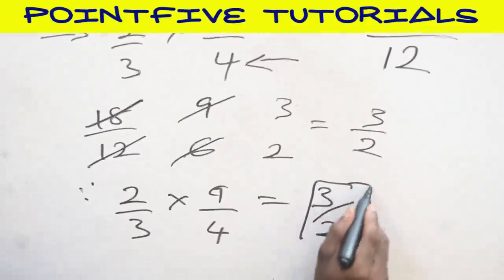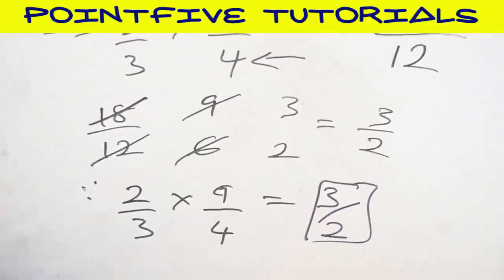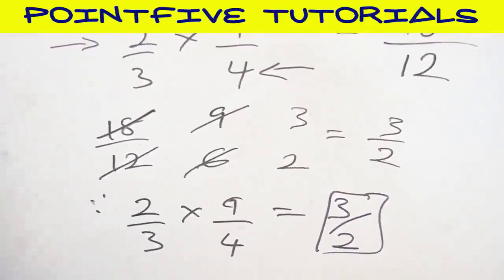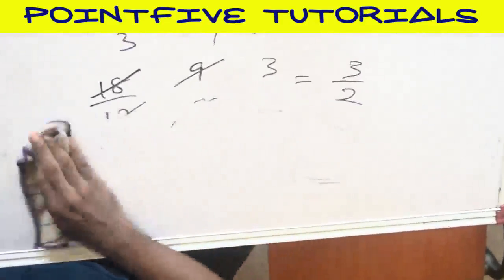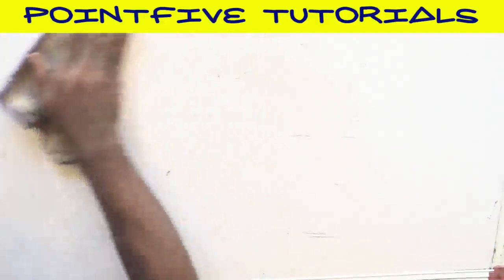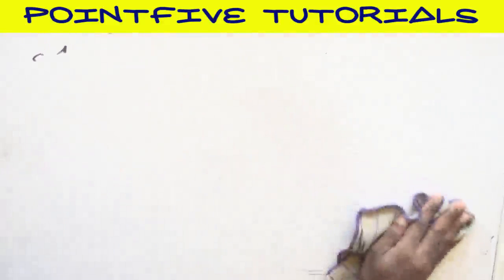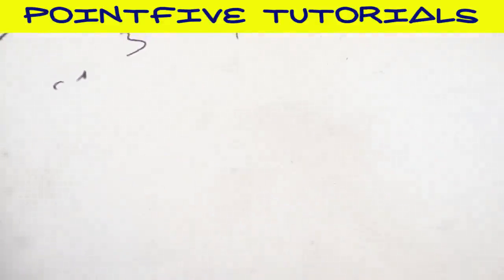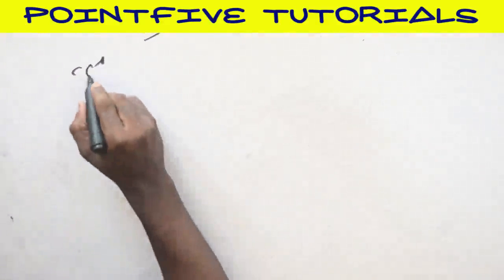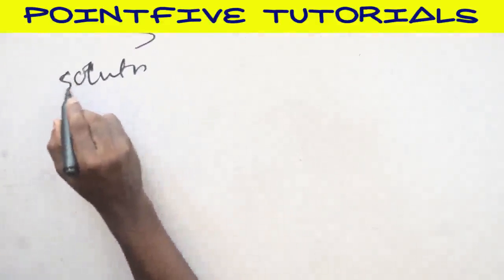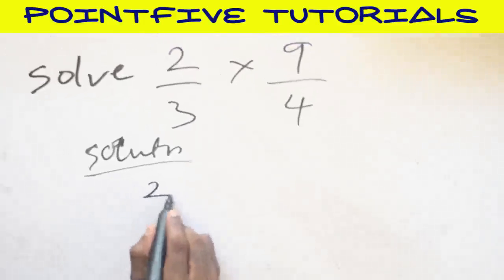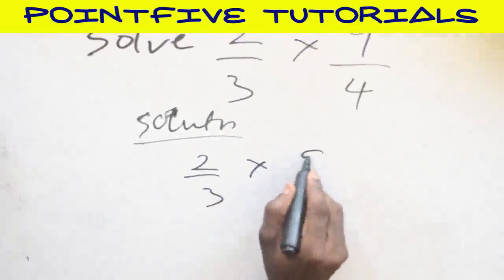So let's hold this answer and use the alternative method to solve this. Under method 2, after writing solution, let's say 2 over 3 multiplied by 9 over 4.